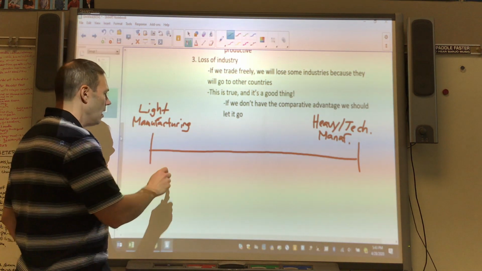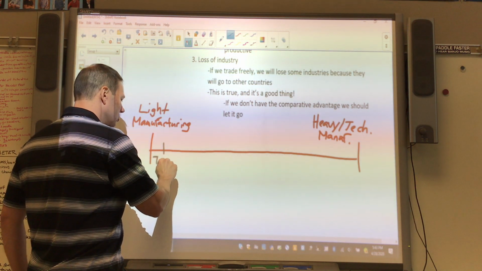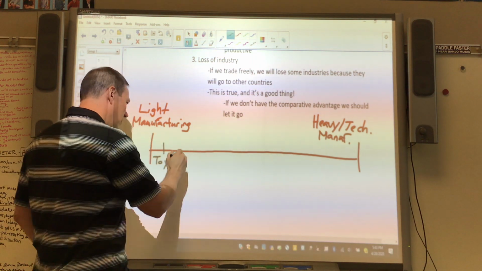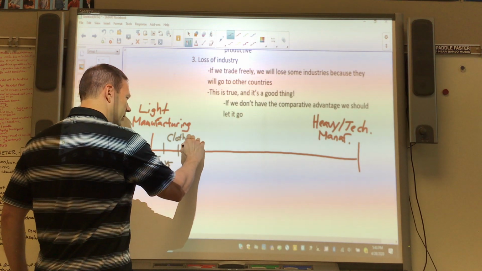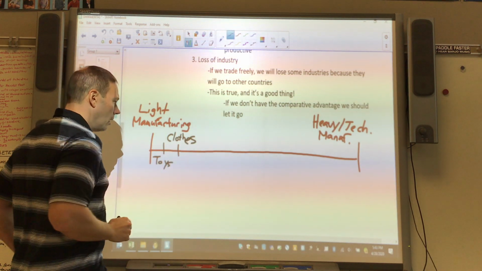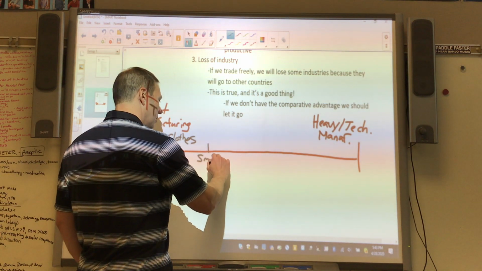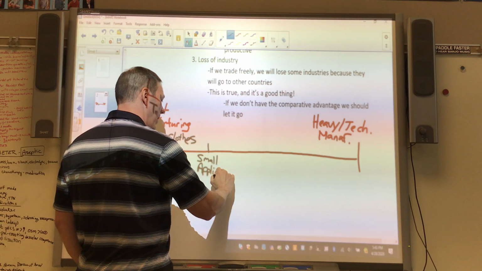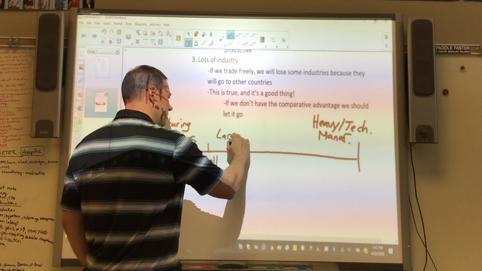So on this end, you're going to have things like, say, toys. Like little McDonald's toys, things like that that are pretty easy to make. You might have things like clothes. Clothes don't necessarily take a ton of technology to produce. Then you might have things like small appliances, things like blenders and toasters and maybe microwaves and things like that. Then you get into large appliances.